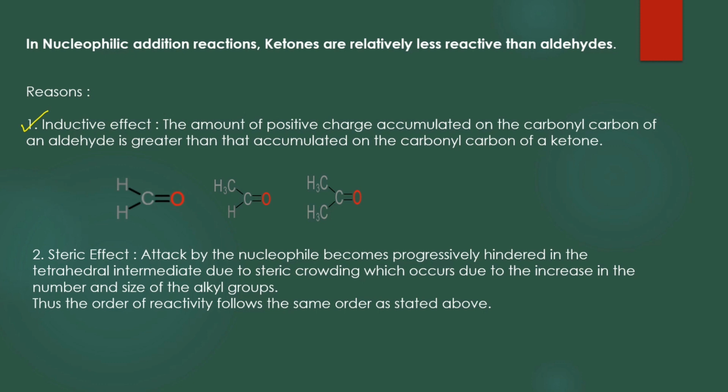In ketones, the two electron releasing alkyl groups attached to the carbonyl carbon reduce the positive charge on it, while in case of aldehydes only one electron releasing alkyl group is attached to the carbonyl carbon.